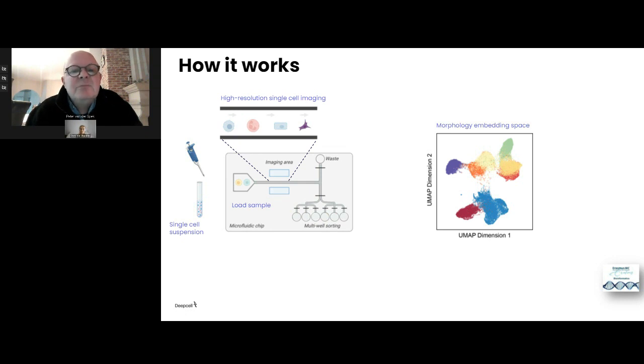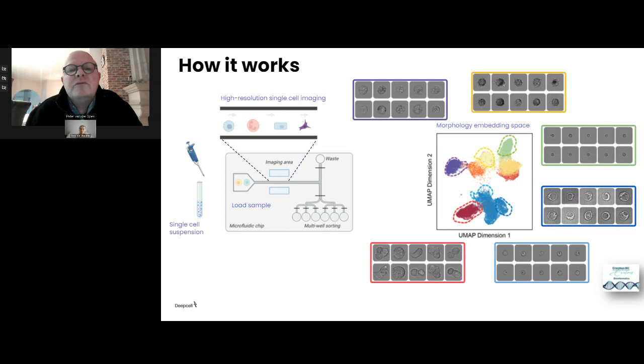You get representative images of all of these clusters showing how the cells look and what cell types they are. After they are sorted, the cells go into this multi-well sorting, and you can see the differently colored cell types, which you can use for further follow-up validation, RNA-seq, etc.